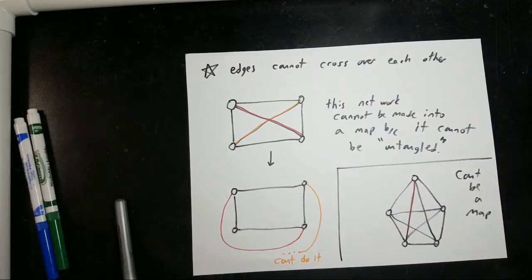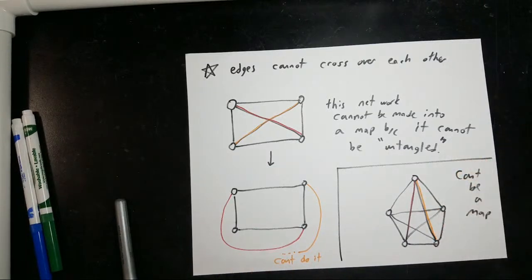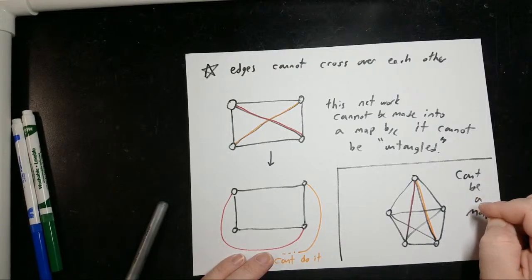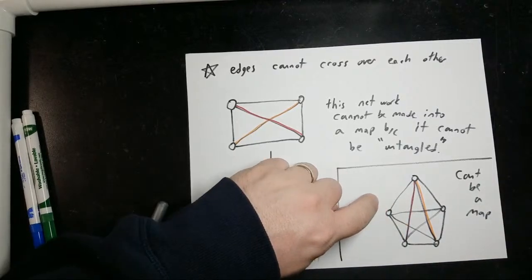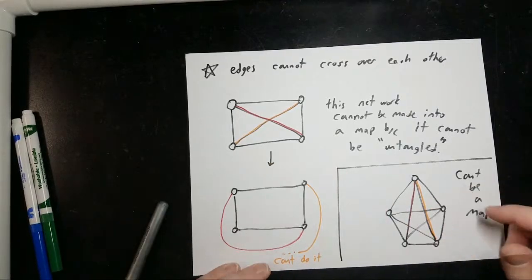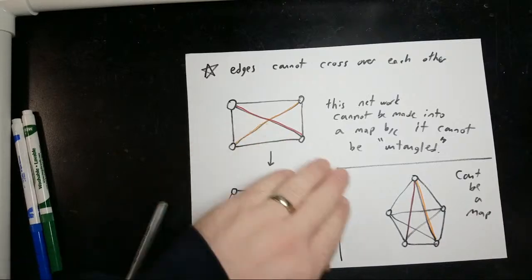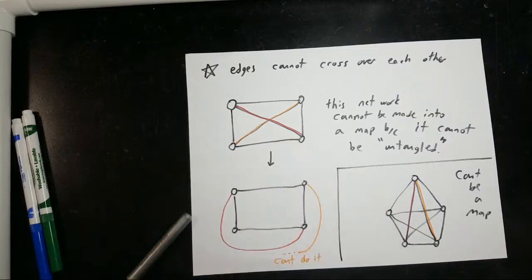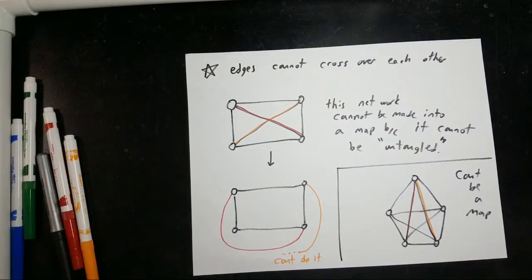And I could do it again with this orange one. I could pull it off to the side. But then if I try to pull anything else out, no matter what, it's going to be crossing over one of those other lines. I could pull this red one out to here, and this orange one out to here. But then the other ones are... There's no way I can untangle it. These two networks cannot be made into a map because they cannot be untangled. The edges cannot cross over each other, just as a side note.